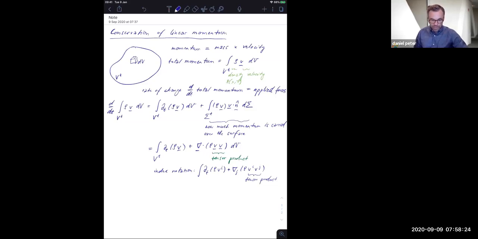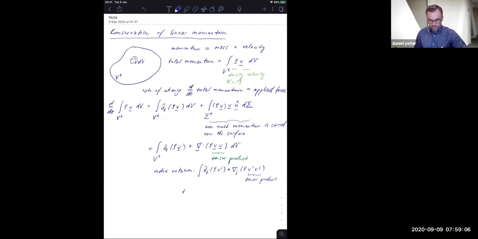And when we repeat the index, so here j is repeated on nabla_j and v_j, it means that we sum over the index. That's the Einstein summation convention. So repeated indices mean summing over the repeated index, here summing over j. Using Einstein summation convention, this can just be written short that way.